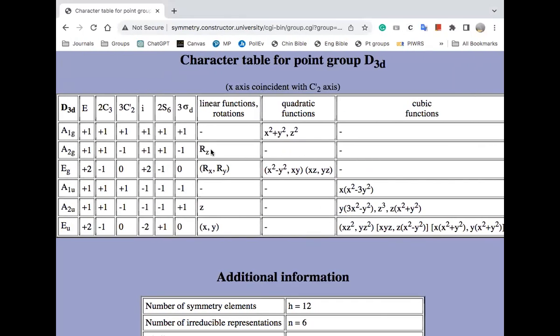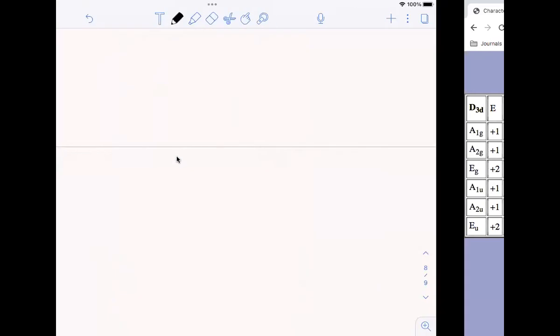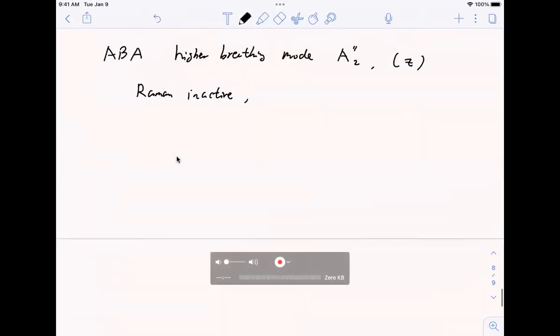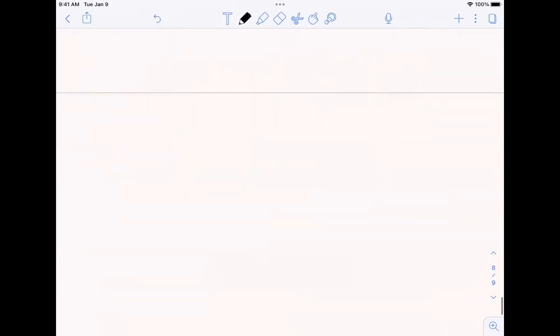EG mode is this one. Then you can already see the representation, the tensor elements that are finite for the EG mode. So let's continue. ABC trilayer graphene, D3D. So let's say the lower shear mode.